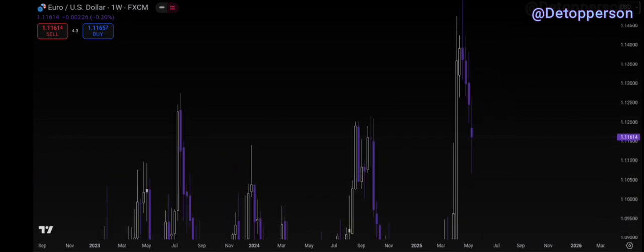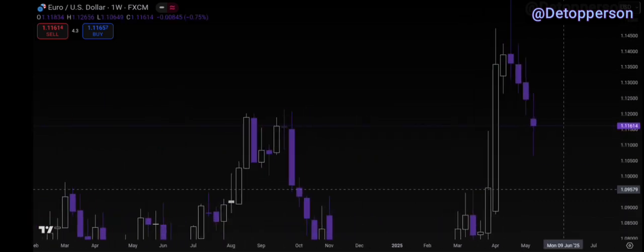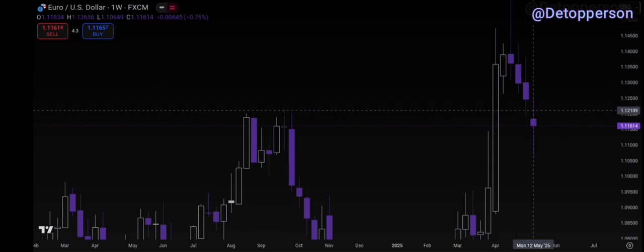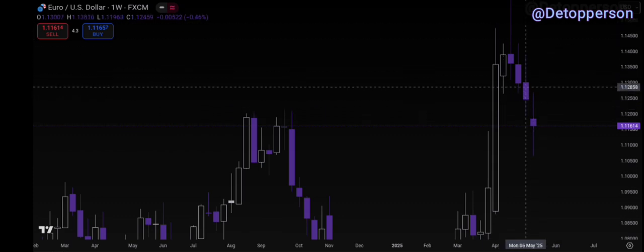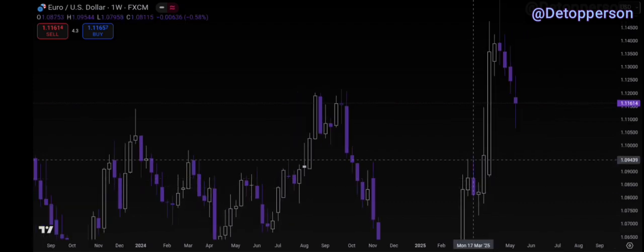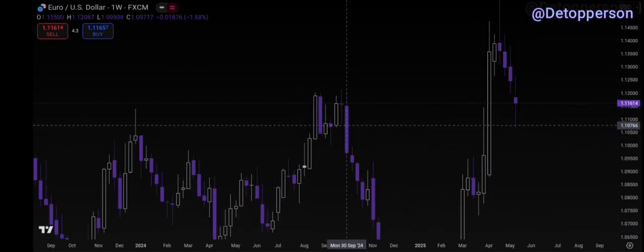So on the weekly, okay, you could see this particular bullish fair value gap. We're actually expecting a push from this point right here, but you see price traded above. Okay, so right here we have a bearish fair value gap that got inversed.